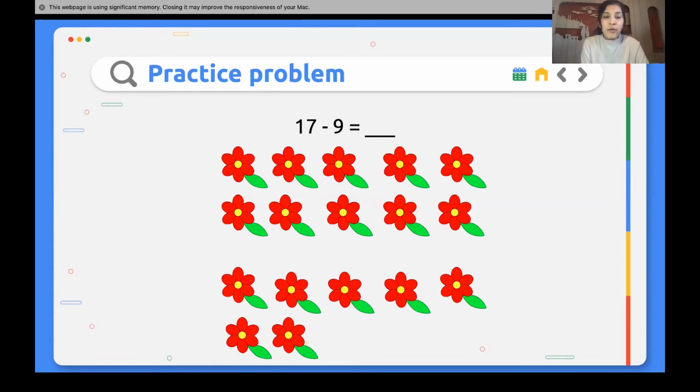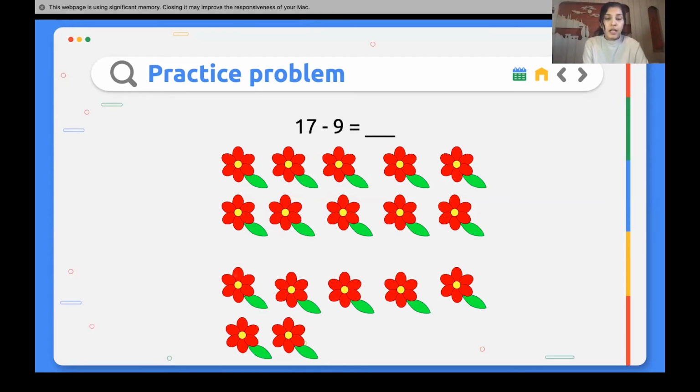Okay, now that you've had time to do your strategy, I'm going to go ahead and show you my strategy. So here I drew my 17 flowers. So there's 5 here. So I'm going to go 1, 2, 3, 4, 5. So 6, 7, 8, 9, 10.